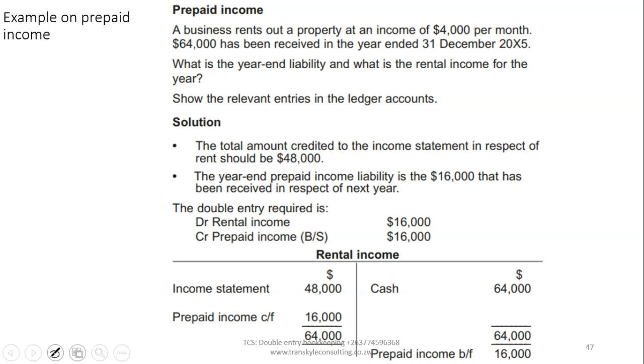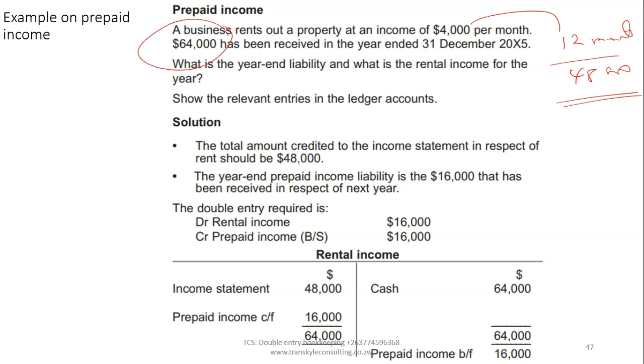We know from our discussion that we have to calculate what this guy has to receive in a particular year. In a year there are 12 months, and he receives 4,000 a month, so his total should be 48,000 per year. But instead of receiving 48,000, he received 64,000.